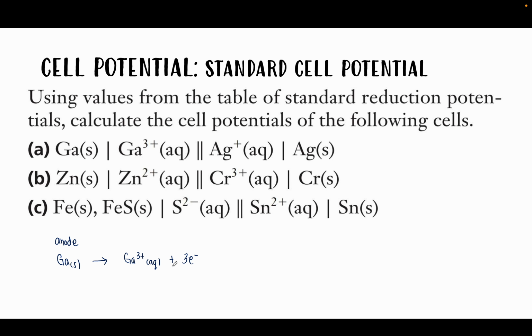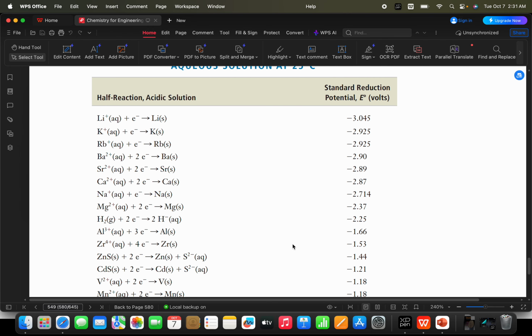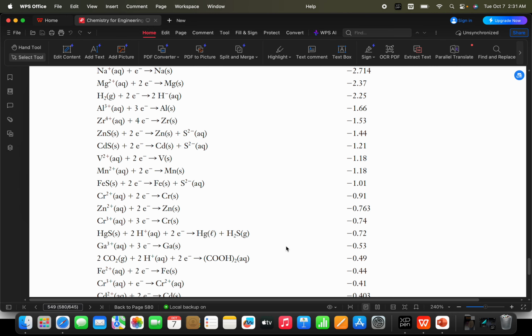And then we also have to consider the reduction potential value. So let's go back to the table and look for gallium. Here we have the value for gallium, let me highlight this: negative 0.53 volts.